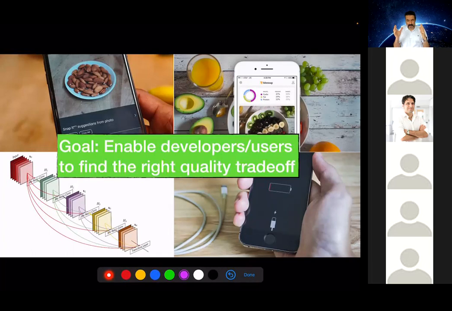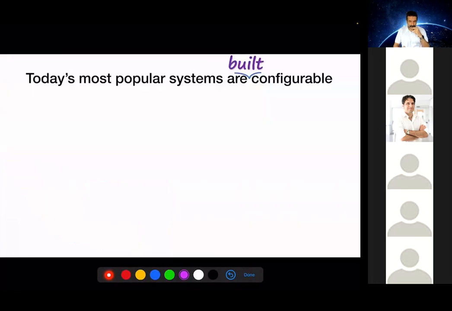So the goal is to reason about performance. And we know that performance is a multi-objective thing. And it's not really easy without any tool or support to reason about performance and make trade-offs. So this trade-off with respect to performance is the key objective that connects everything that I will talk about today.